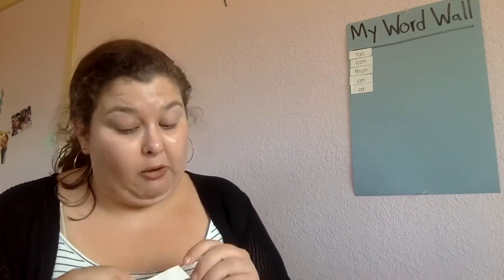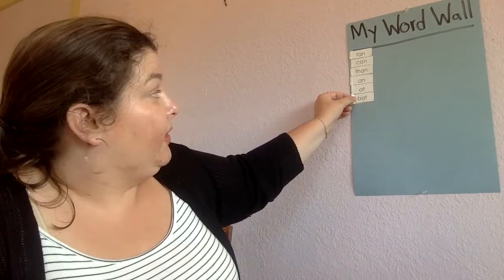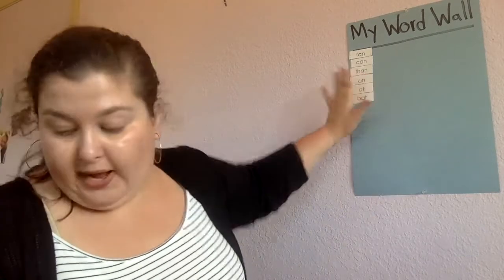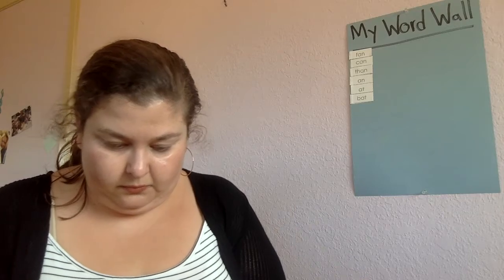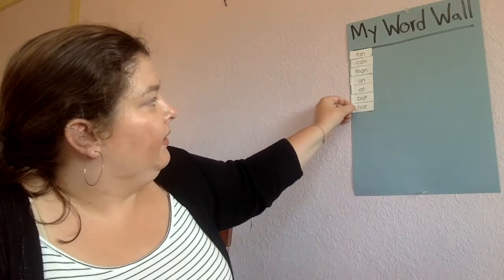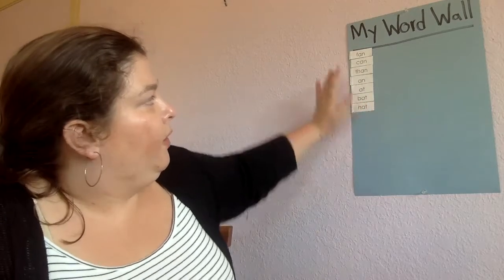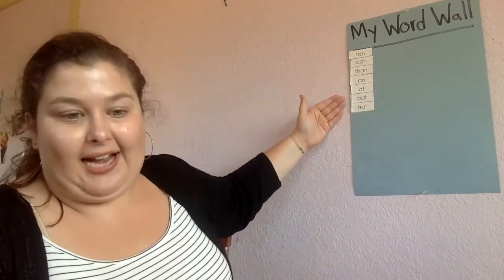So this might take you a while, and that's okay. And you can also always take breaks. Bat. And at. Cool. The families with an, and then the word families with at.